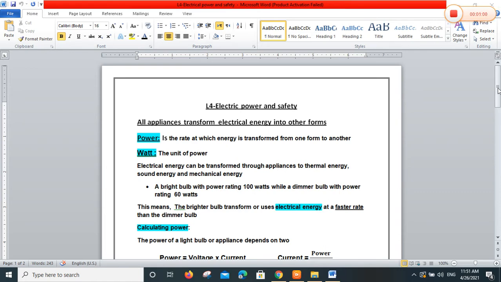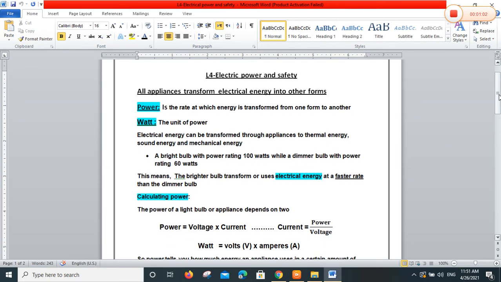A bright bulb with power rating 100 watts will be bright, but a dimmer one has less power, fewer watts, than a bright one. So a bright bulb has a power rating of 100 watts, while a dimmer bulb has a power rating of 60 watts.